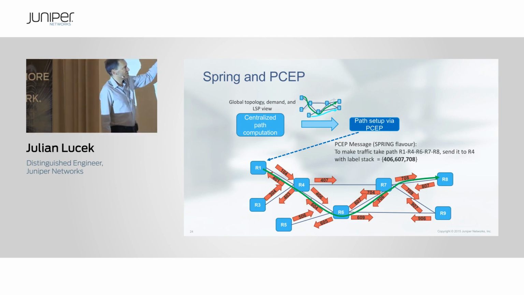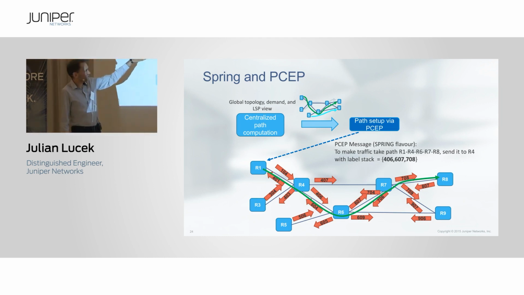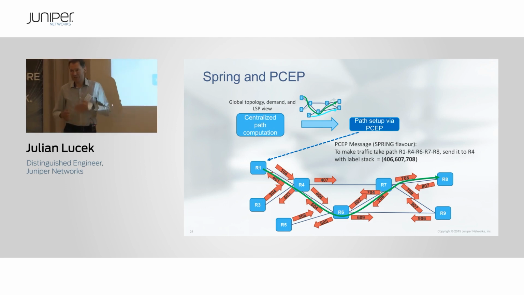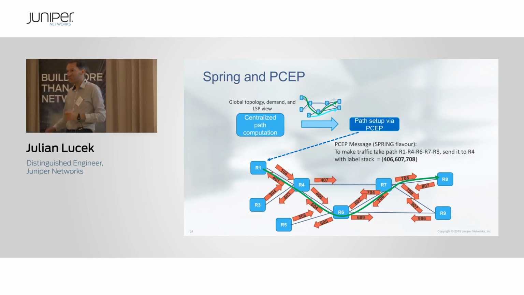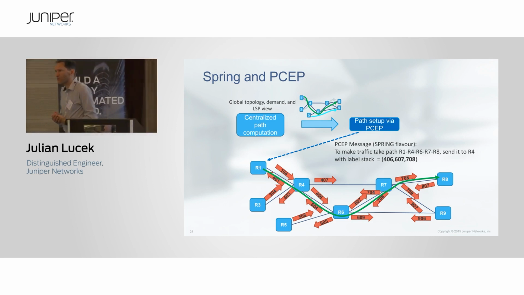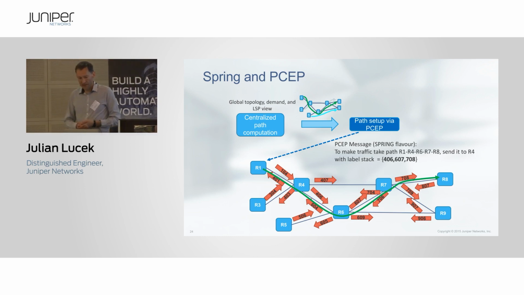The instructions in the PCEP message would be, first of all, push the packet towards R4 and also have this label stack on the packets. R1 receiving that PCEP message installs that in its FIB. And so traffic going to R8 would follow that traffic engineered path that's been computed by the controller and installed in the network.